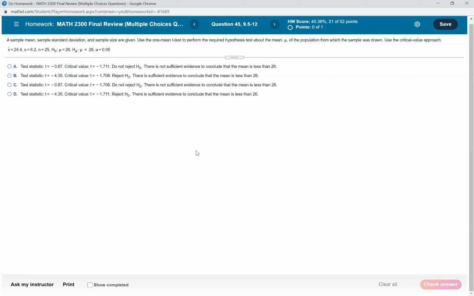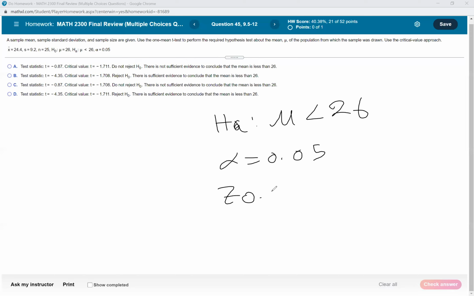Okay, a sample mean, sample standard deviation, and sample size are given. Use a one mean t-test to perform the required hypothesis test. So we have the hypothesis. This is a left tail test because the alternative is mu less than 26, and alpha is 0.05. So we need to calculate z alpha.